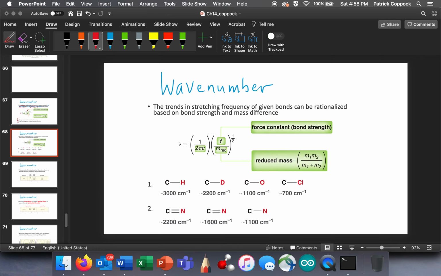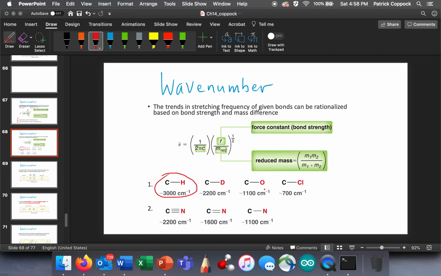If you have a hydrogen with a proton and a neutron, it's called deuterium, which is twice as heavy as hydrogen. The CH bond will absorb around 3,000 reciprocal centimeters, and a CD bond will absorb around 2,200 wave numbers.